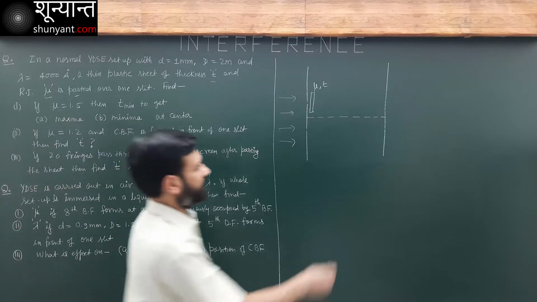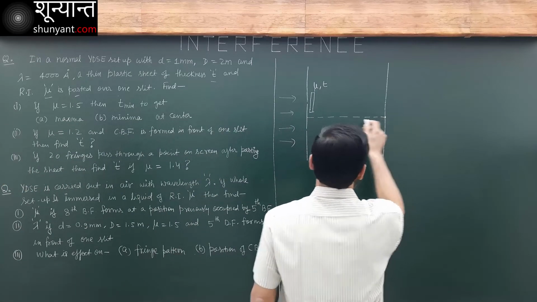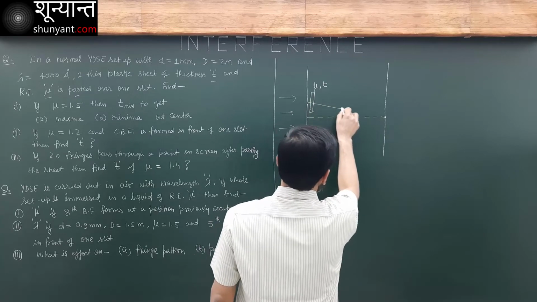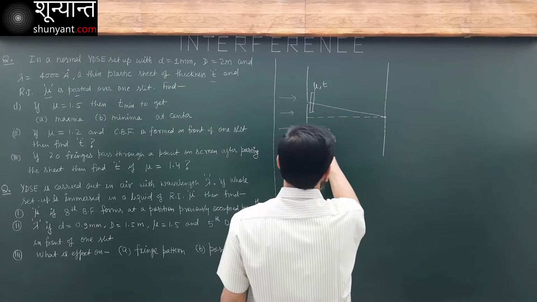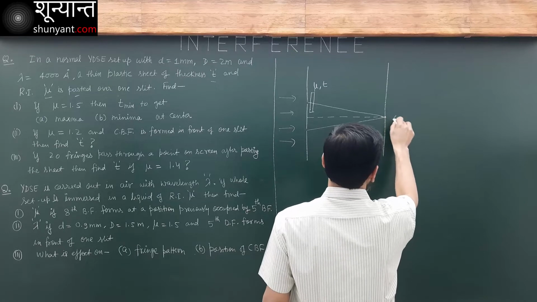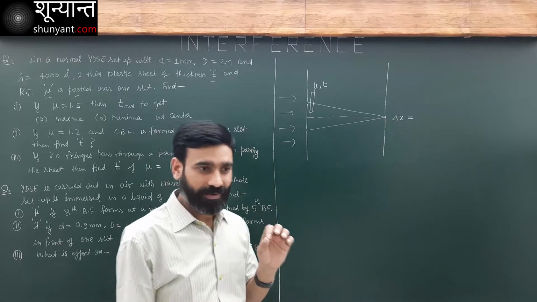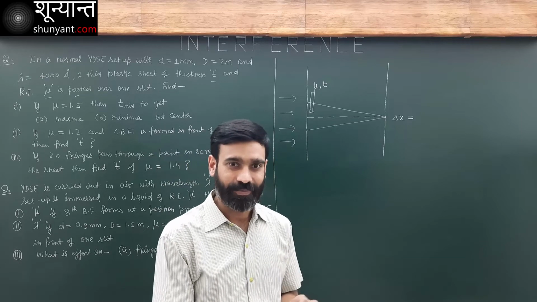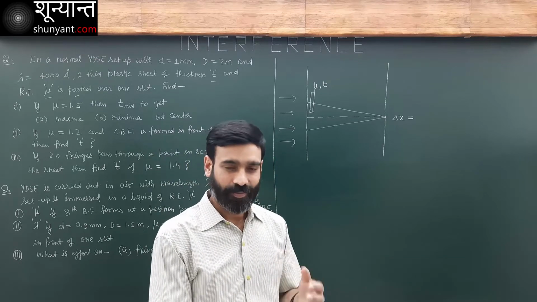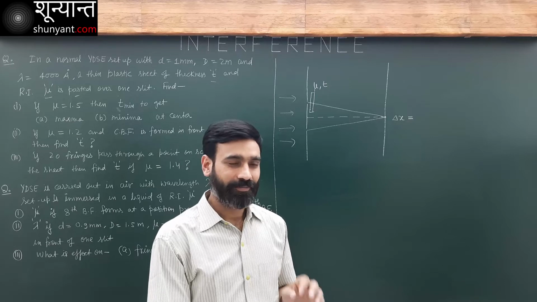At this point here, the geometrical path of both these waves is the same, but the optical path is not the same. The optical path difference is important in calculating the phase difference.